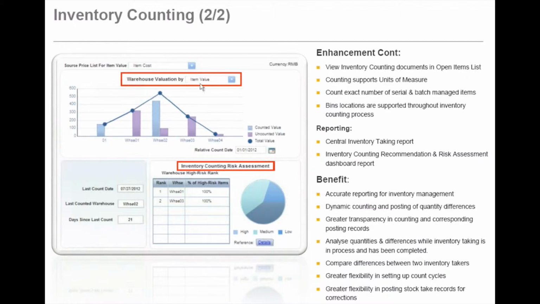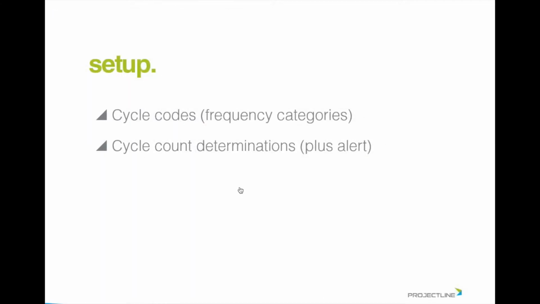Part of this dashboard is an inventory valuation. You see a little window onto when your last cycle count date was, and where you counted last. And then there's also an inventory risk perspective, so items in certain warehouses, and a calculation that describes when things were last counted and what the value of the items was, and so on.